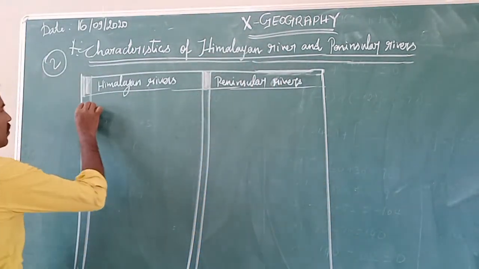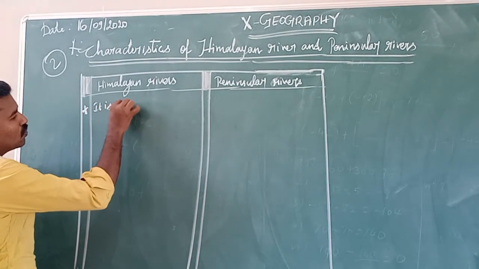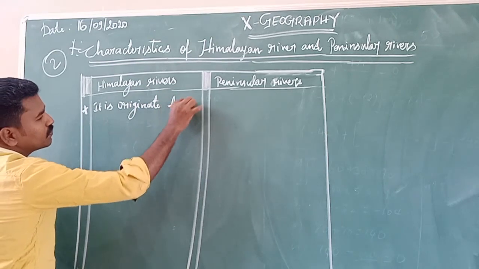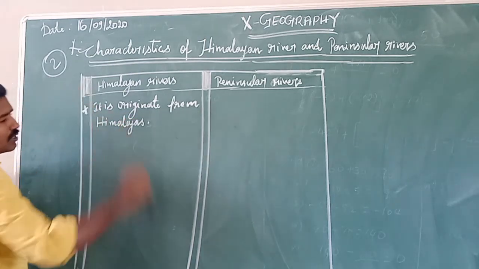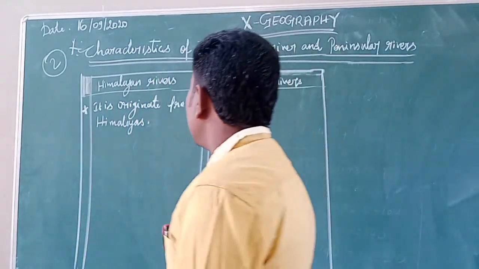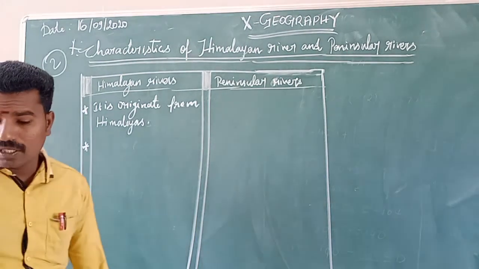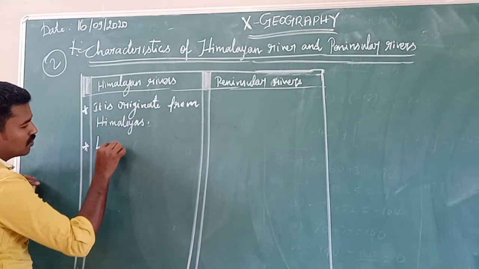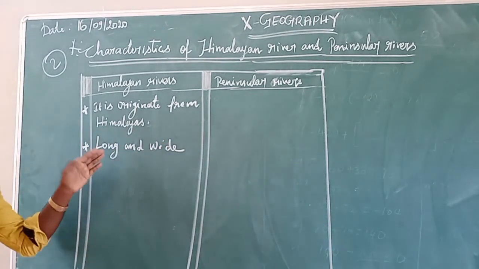So we write the first point here: it originates from the Himalayas. And the second point is long and wide. This is the second important characteristic of these rivers.